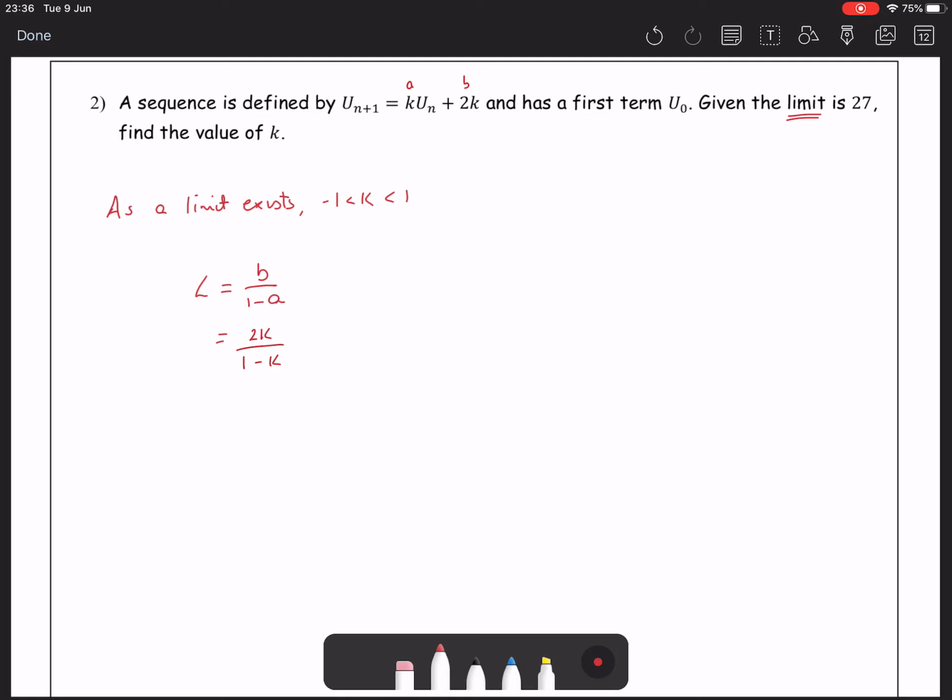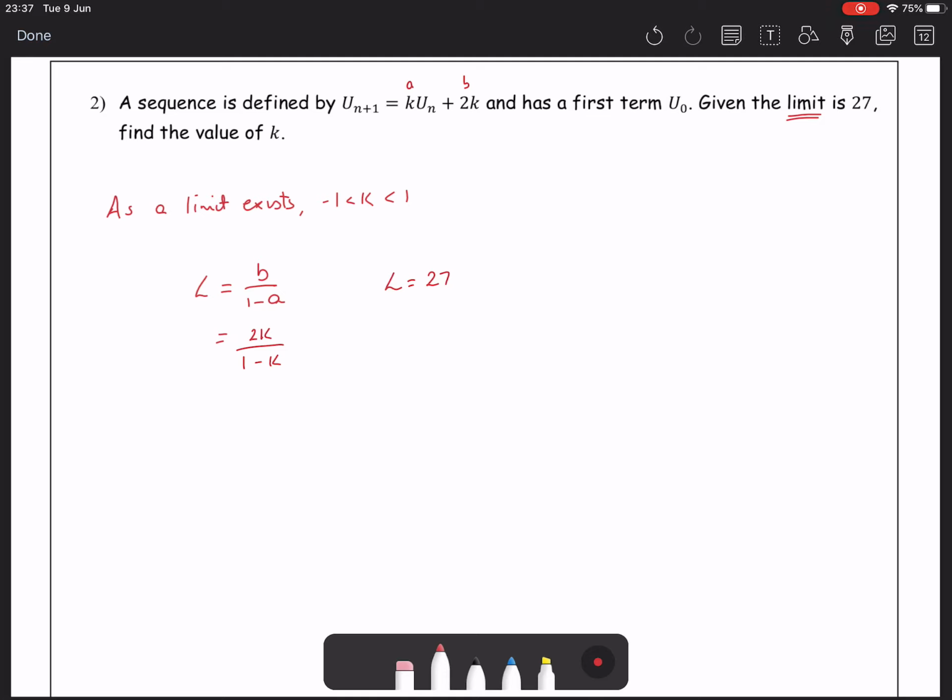Okay, so I have a statement for my limit, and my limit is equal to 2k over 1 minus k, but my limit is also equal to 27. And that's given within my question.